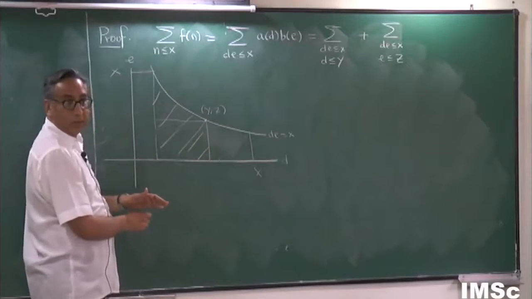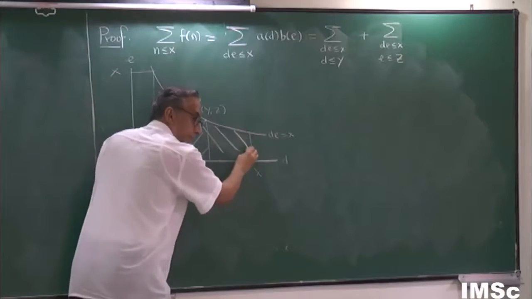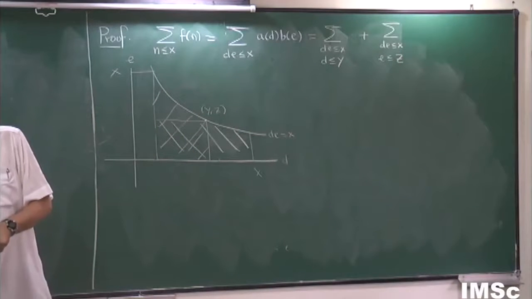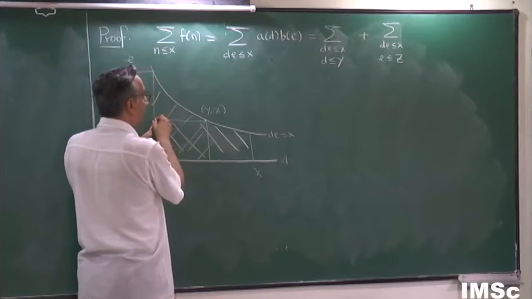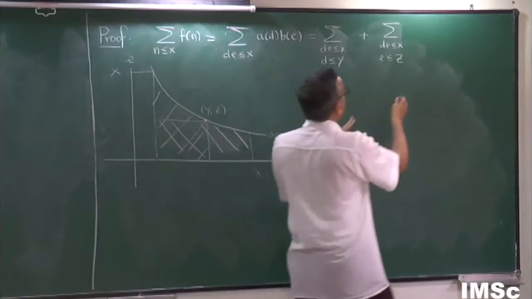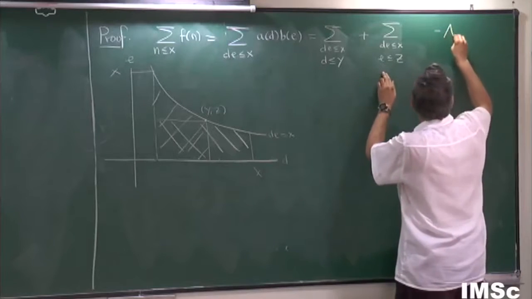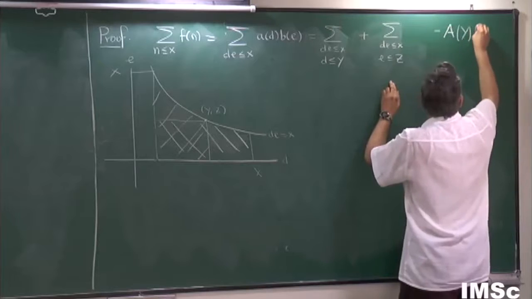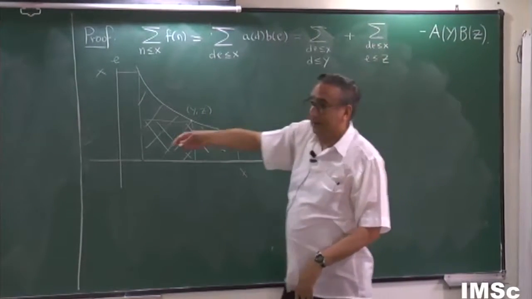All the lattice points with e less than or equal to z are in this bottom region. And there's this common thing that I've overcounted. What's the common thing? Well, d is less than y and e is less than z, so I have to remove that contribution, and that's just simply a of y, b of z. And when you work it out, this is what you get.